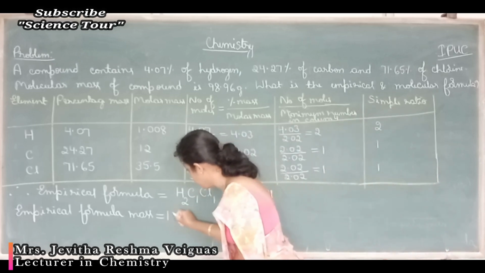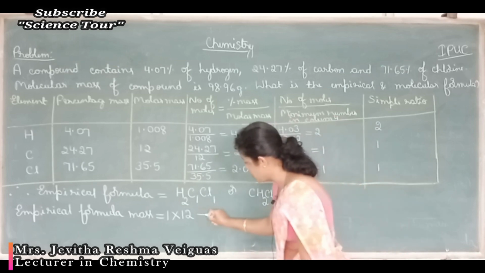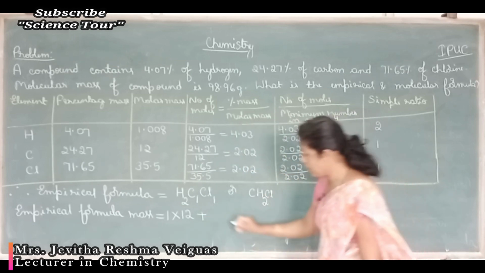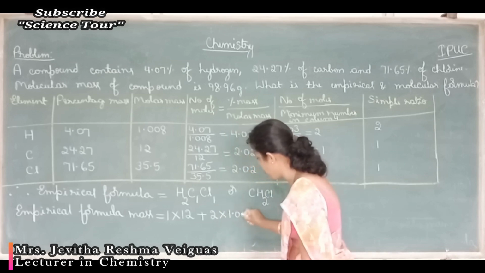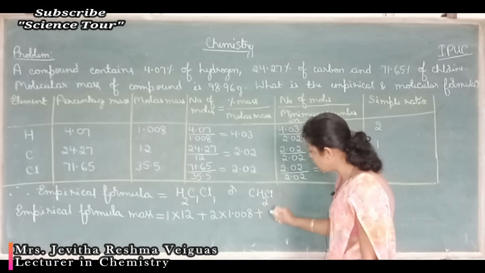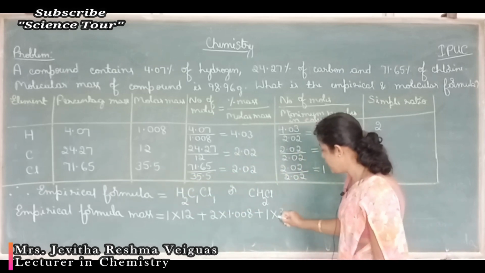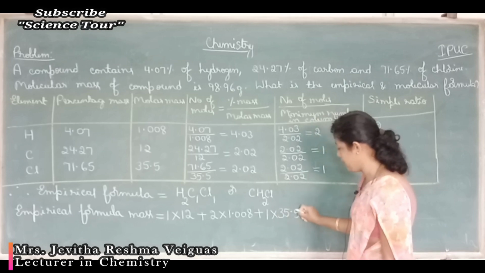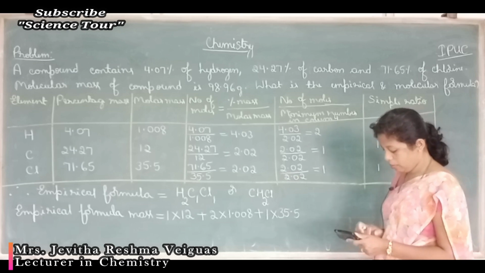So 1 into the atomic mass of carbon, that is 12, plus there are 2 hydrogen atoms, hence 2 into the atomic mass of hydrogen, that is 1.008, plus there is 1 chlorine atom whose atomic mass is 35.5, hence multiplied by 35.5.